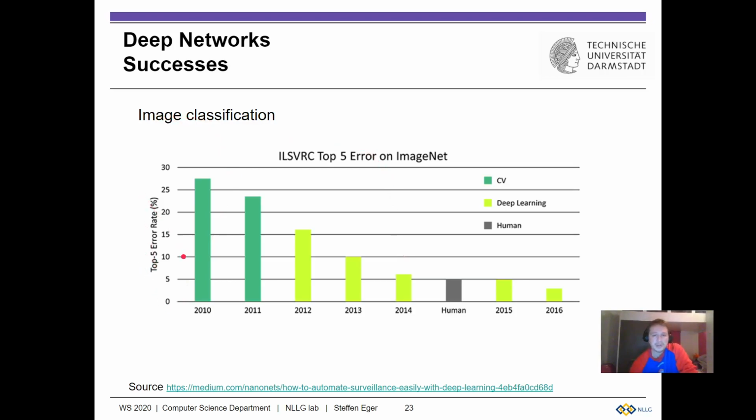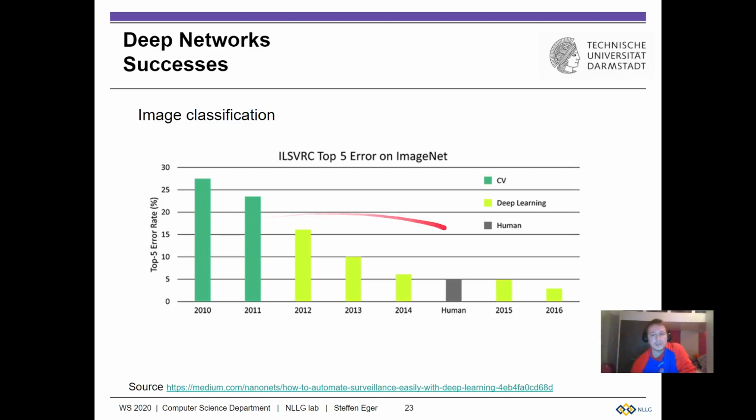We have the error rate here, and we see the best model on ImageNet. You have an image, and you shall label what you see in the image, right? In 2010 we had an error rate of slightly below 30%. So 30% of the images were falsely classified by the best system at the time.